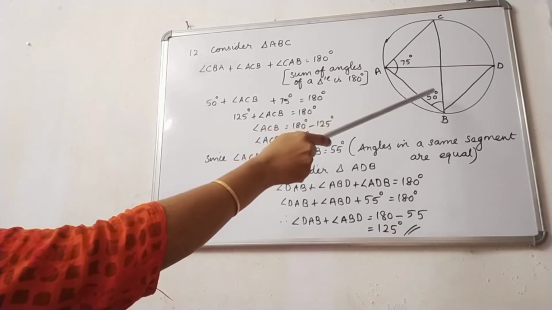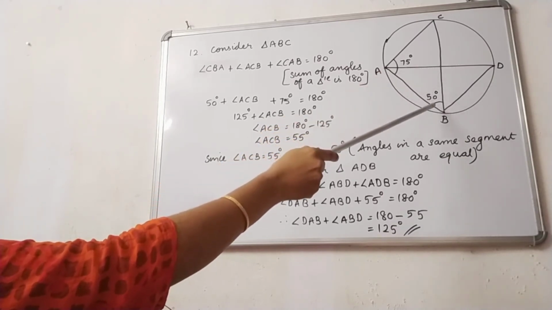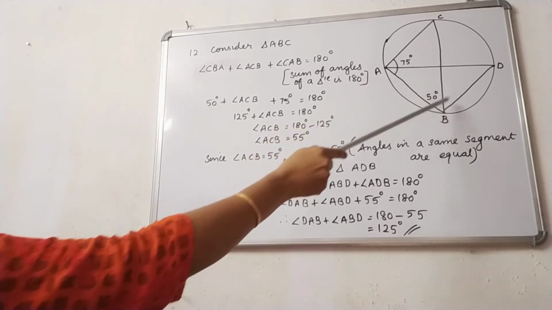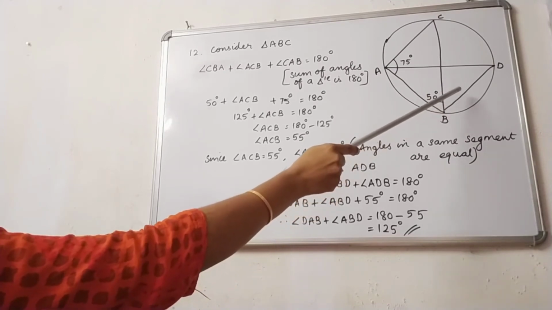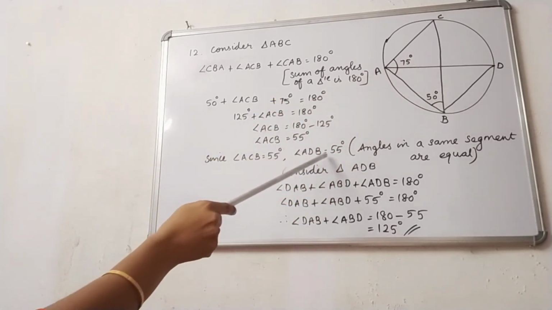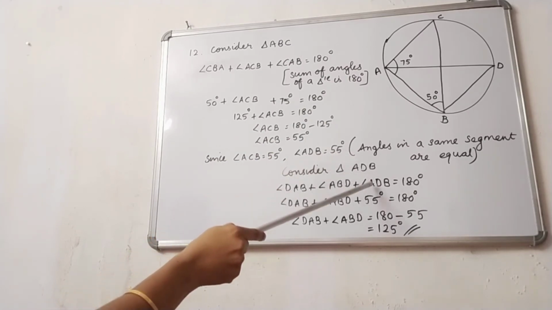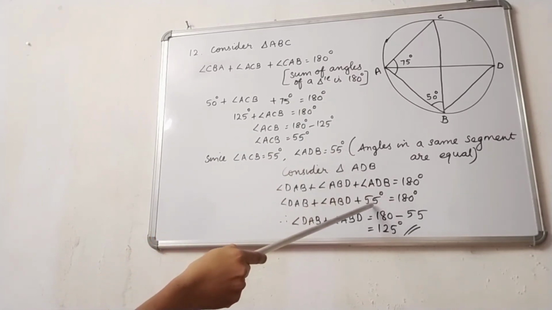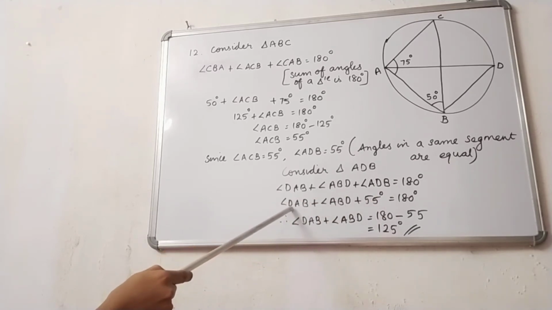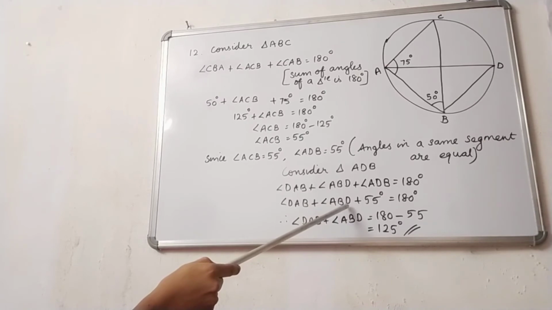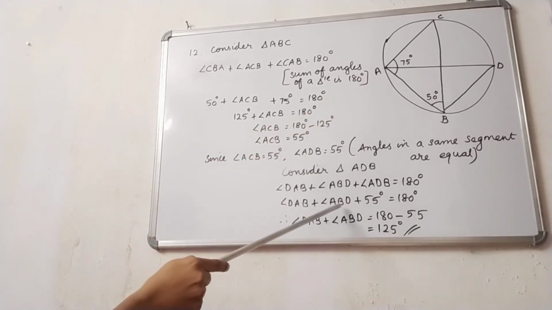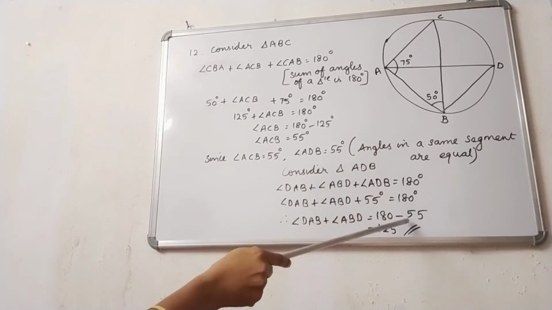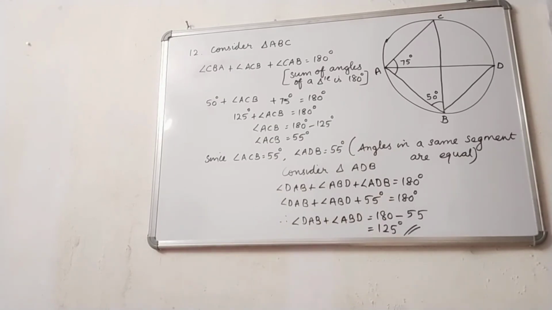Angle DAB plus angle ABD plus angle ADB is equal to 180 degree. But we got angle ADB is equal to 55 degree. So remaining will be angle DAB plus angle ABD. That sum only we want to find out. So no need of substituting any other values. So angle DAB plus angle ABD is equal to 180 minus 55, which is equal to 125 degree.